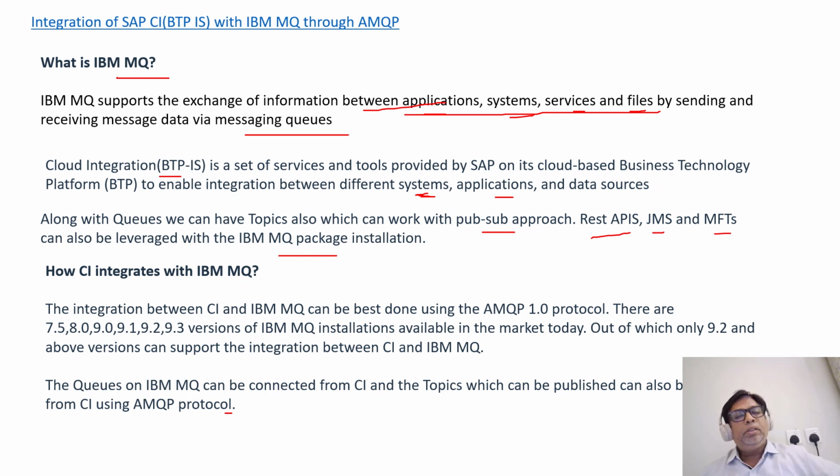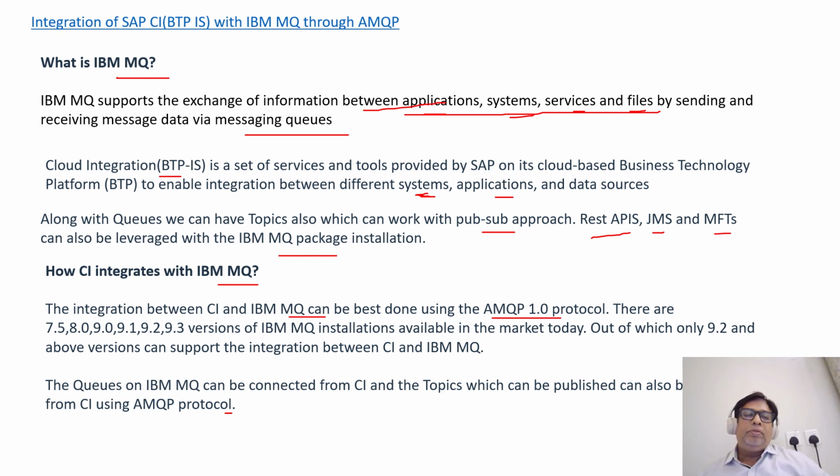And what are the versions supported for IBM MQ integration with the CPI? You can see in this paragraph the integration between CI and MQ. Here, this MQ can be accessed using the AMQP 1.0 protocol. This AMQP is one protocol available in our CPI, so that can be utilized for the integrations.